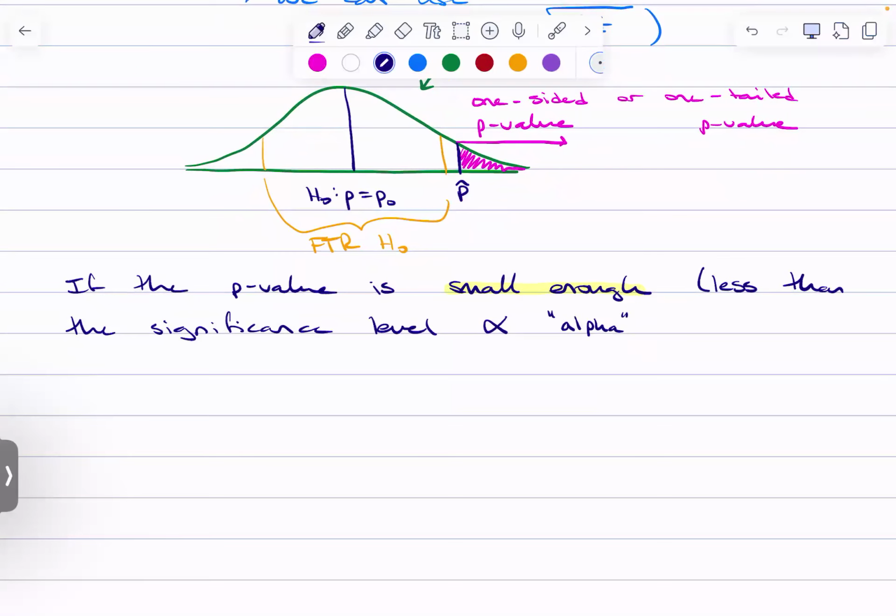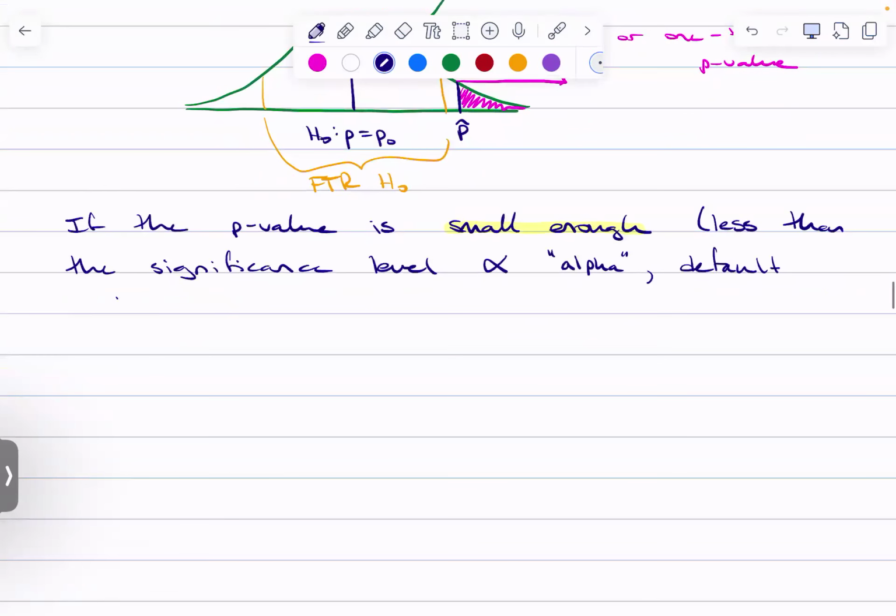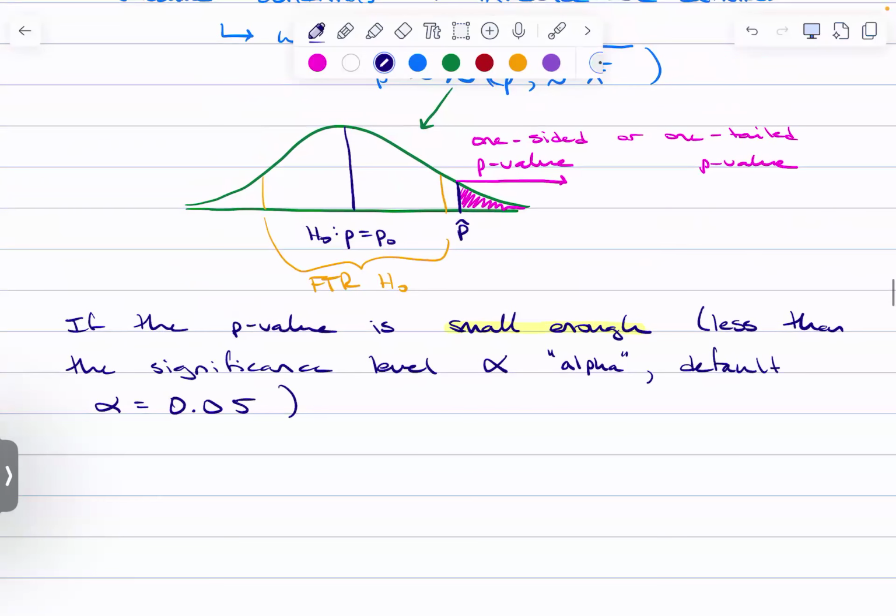So if it's less than the significance level, alpha, where the default alpha is 0.05. And that is linked to our default 95% confidence interval, right?